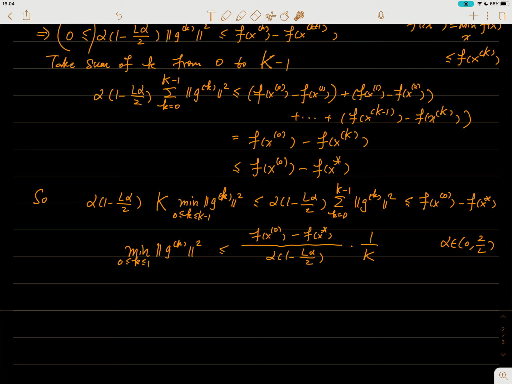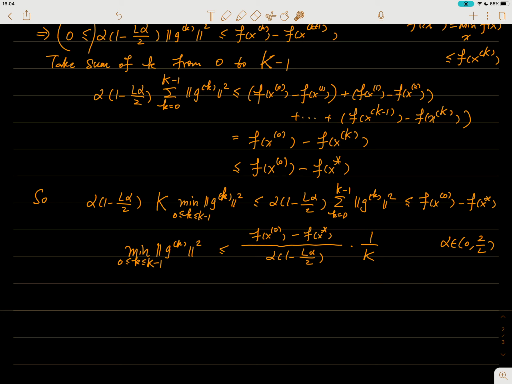What I know is that if I run this algorithm, I run the gradient method with constant step size for K iterations, the minimum gradient I can see so far must be smaller than or equal to this constant times 1 over K. Okay, so if I want to see a small gradient, I just need to keep running, right?